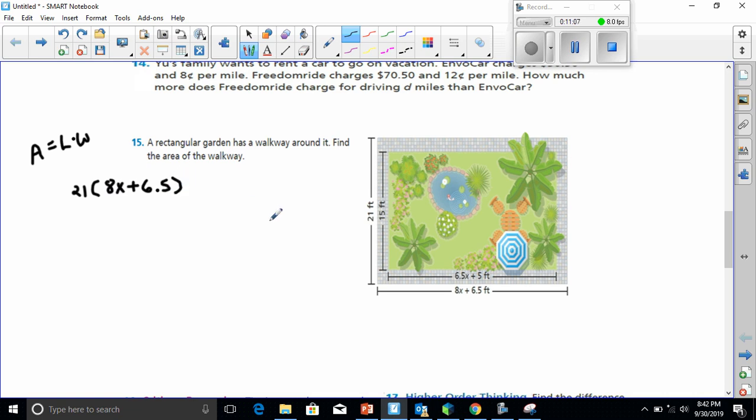And we're going to subtract from it the garden itself, which is 15 times 6.5x plus 5.